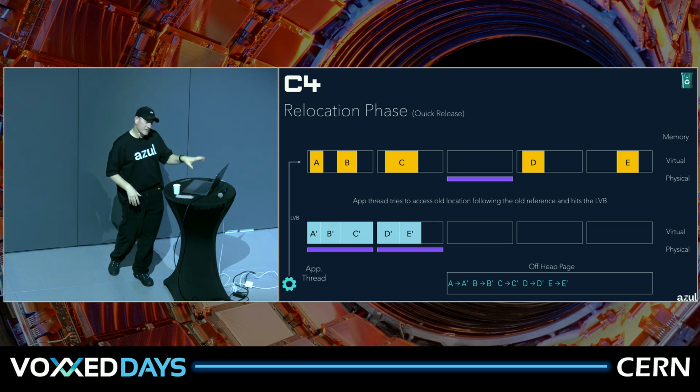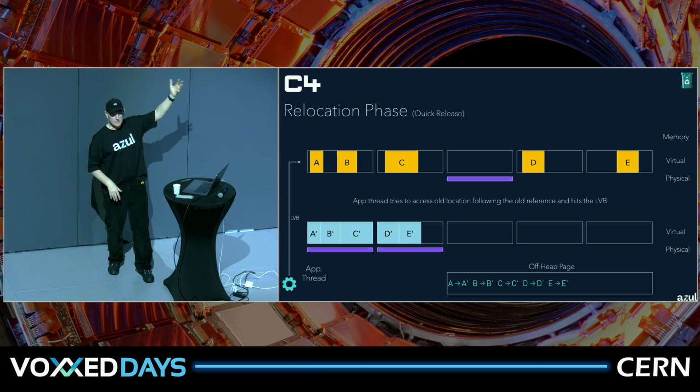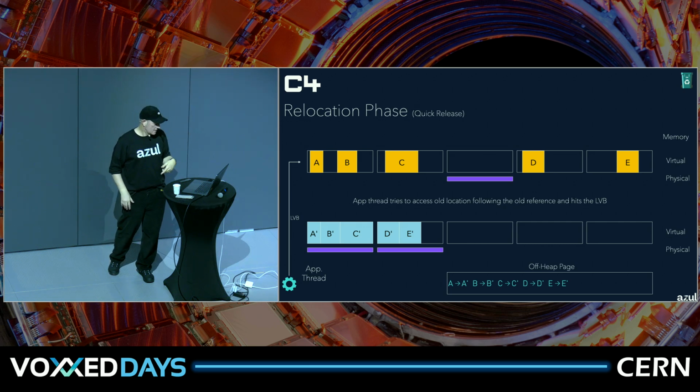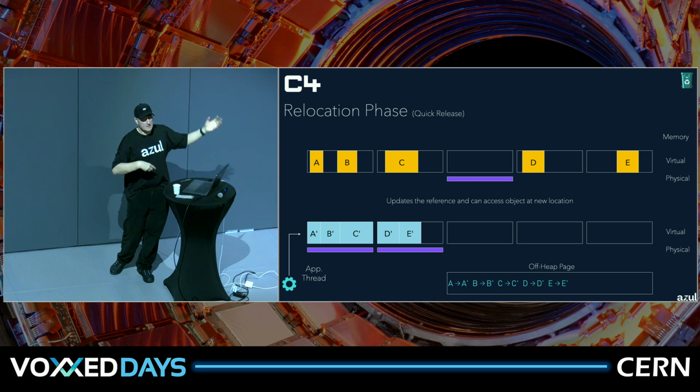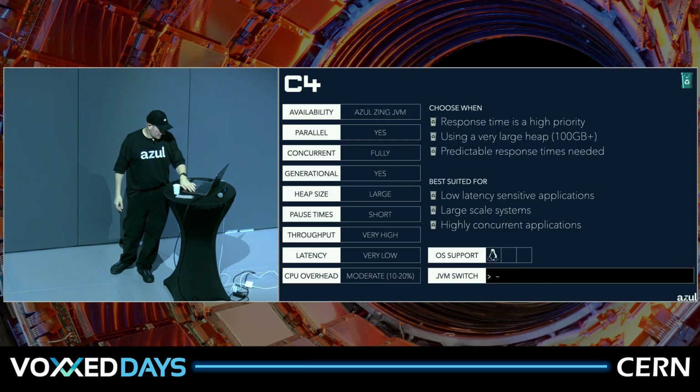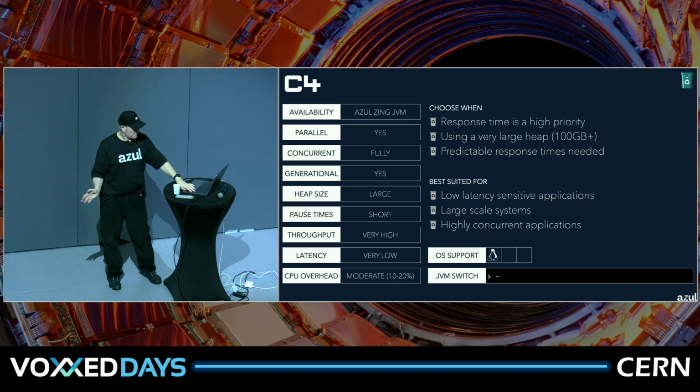And now if an application thread tries to access the old position, it will trigger the LVB, the barrier. The barrier is still there, right? So it says, oh, there's no object anymore. And then the thread will look up in the off-heap page, take the new position, and update it. That means the next access will directly get the right position. That's the idea. Okay, I will just skip that.